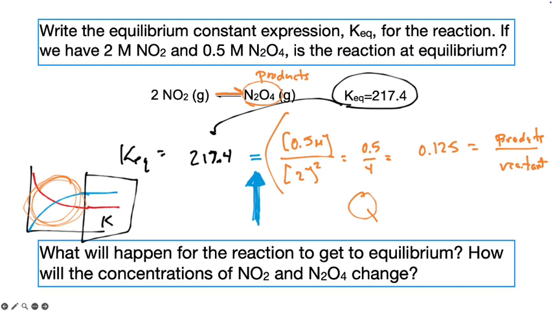So we're looking at a random system and deciding, is this going to continue to change or is it done changing? Kind of make sense? So for this system, the N2O4 had to go up. The only way the N2O4 goes up is if the NO2, my reactants, go down.